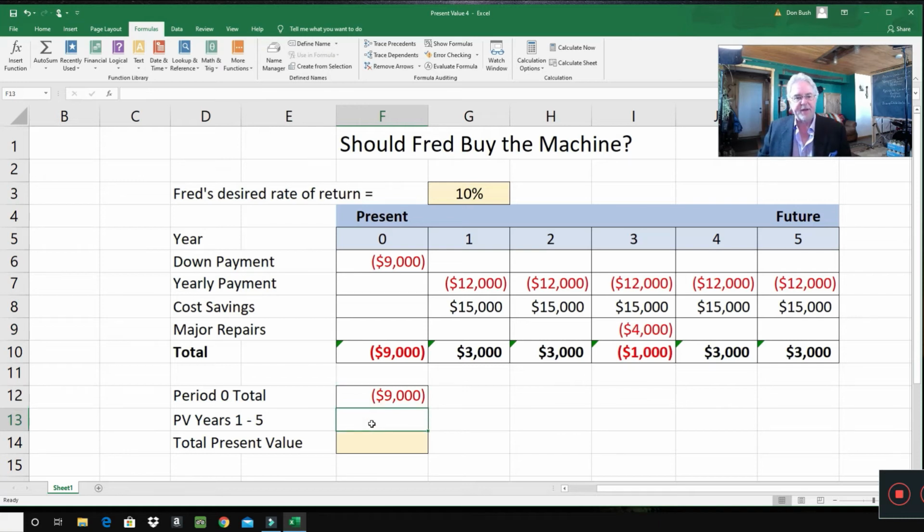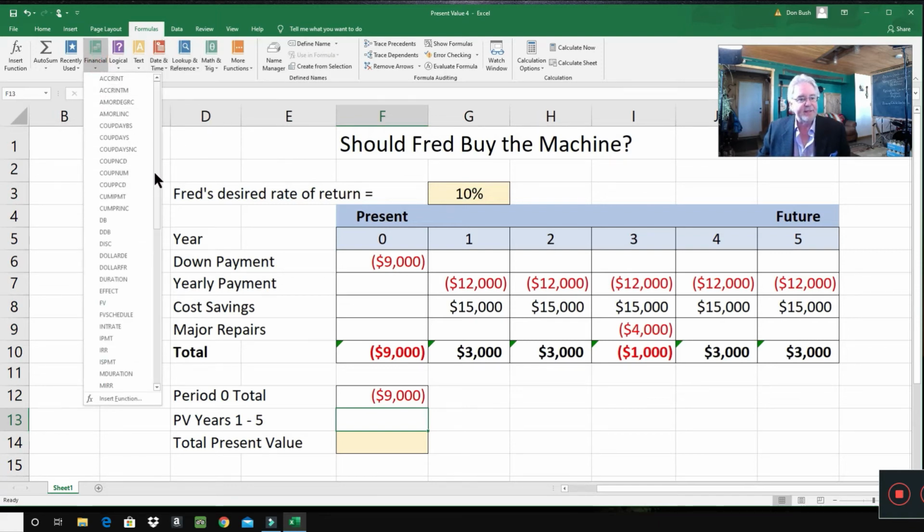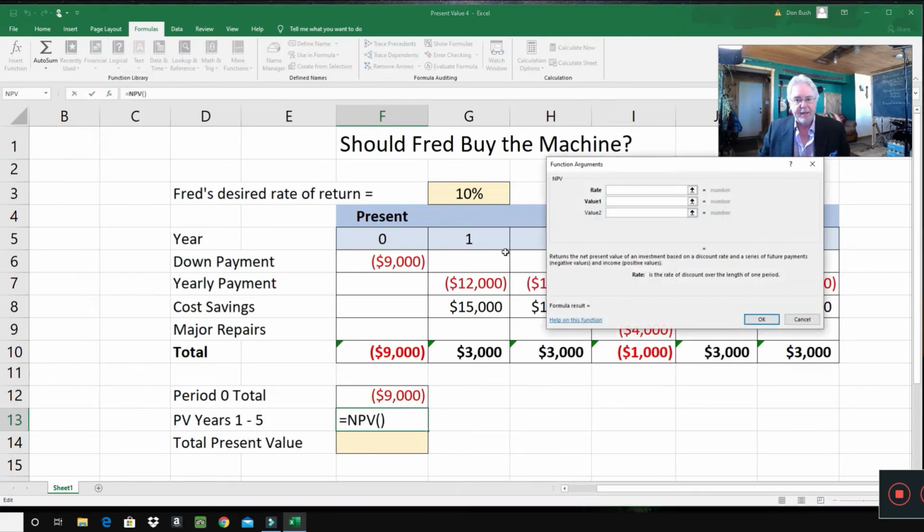The present value of years 1 through 5, we do that as we always do. Go up here to formulas, go to financial, and down to NPV for net present value. And we put in the rate of return, and for Fred it's 10%, and if I click on that 10% it should work. There we go. I could also type in 10% or 0.10 and it will still work.